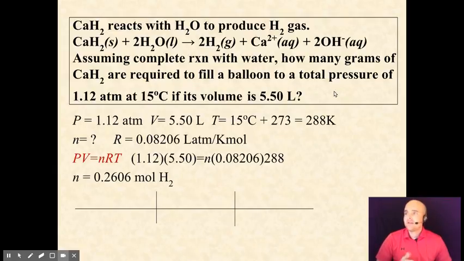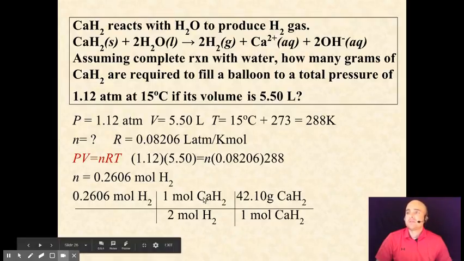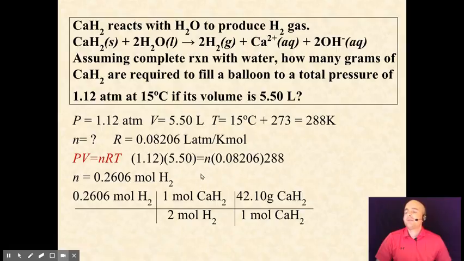Now that I've done that, I need to convert the moles of my hydrogen gas to moles of calcium hydride. You wouldn't be able to go directly from the ideal gas equation and solve for the calcium hydride, because calcium hydride is a solid.